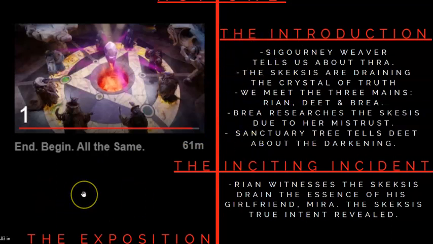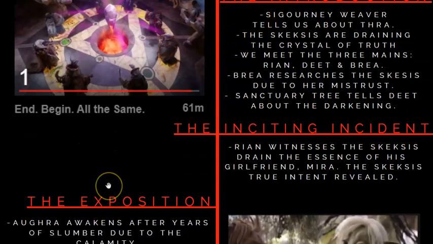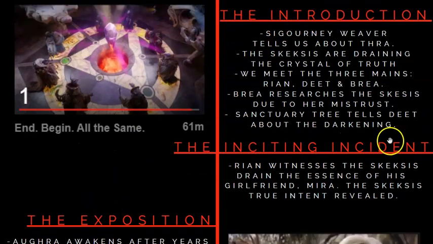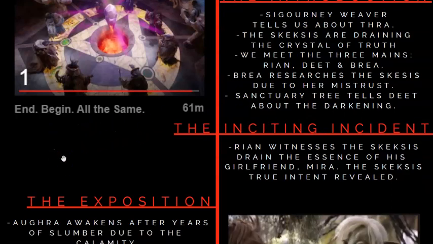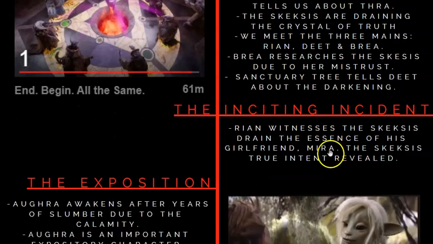That's the first part of the first episode, and then near the end of the episode, the inciting incident occurs. That's when Rian witnesses the Skeksis drain the essence from his girlfriend Mira. He finally sees the Skeksis for what they truly are.